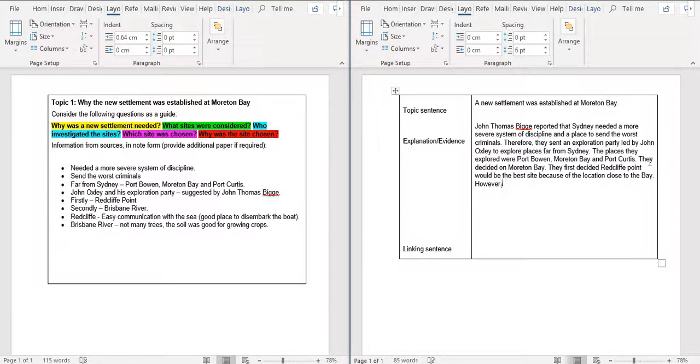However, they later changed this to the Brisbane River due to the good soil for growing crops, and it was also protected from the elements of the sea.